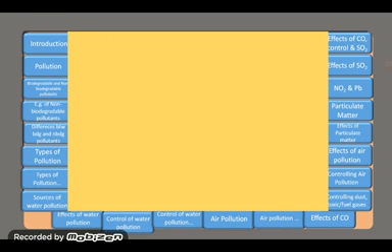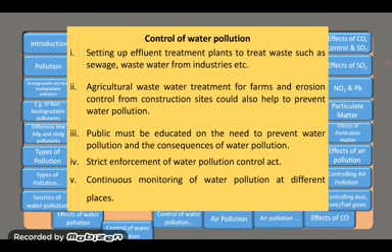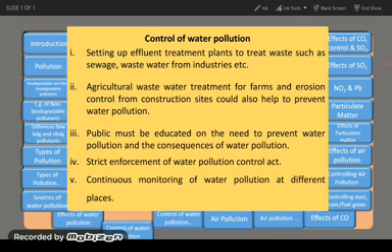How can we control water pollution? One, we can set up effluent treatment plants to treat waste. Instead of passing them directly into water bodies, we can create an effluent treatment plant that will help us to treat such waste. And the waste that can be treated in this case includes sewage, water waste from industries, and so on and so forth.